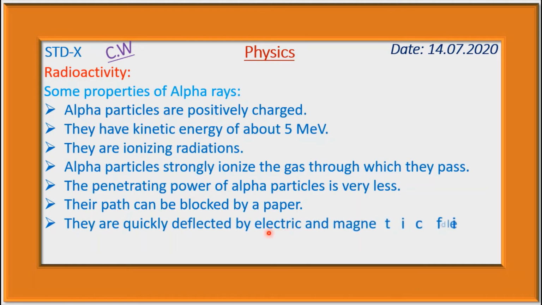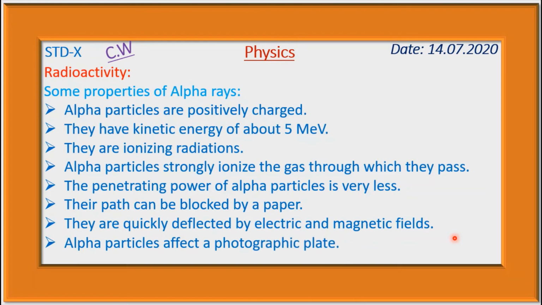They are quickly deflected by electric and magnetic fields, because the alpha particle has a +2 charge. Therefore they are strongly influenced by electric and magnetic fields. Alpha particles also affect a photographic plate.